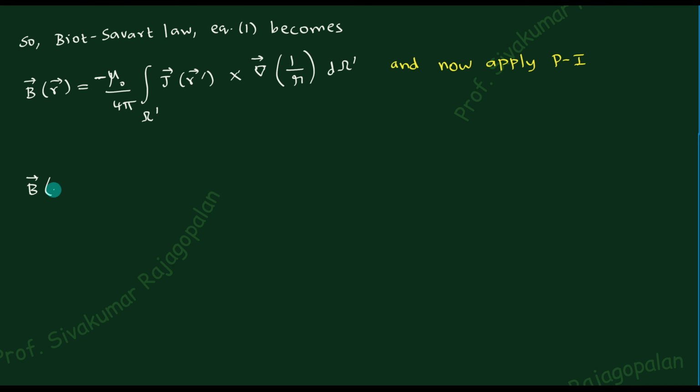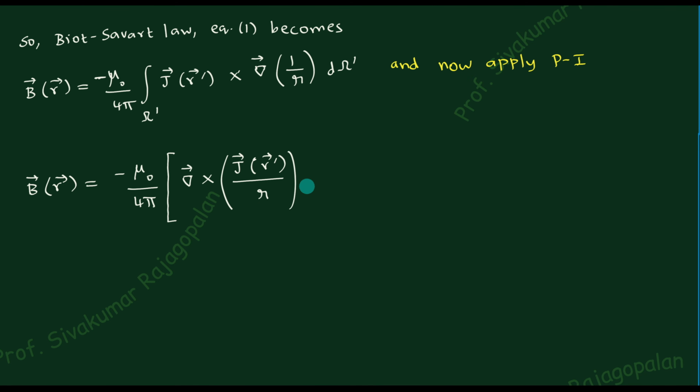Then B of r is equal to minus mu naught divided by 4 pi. Now you write down the two terms. The two terms should be there in the product rule. So the first term I will write down: del cross j of r divided by script r. For convenience, I will write script r. Then we have a minus.